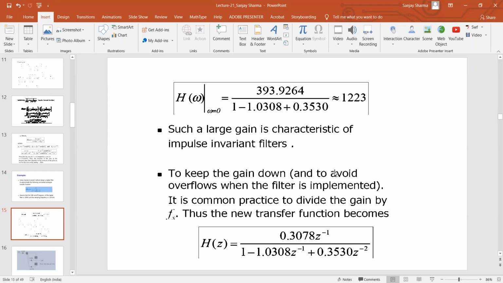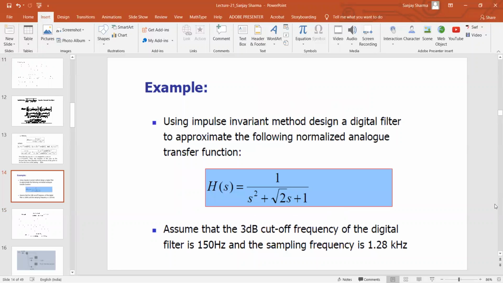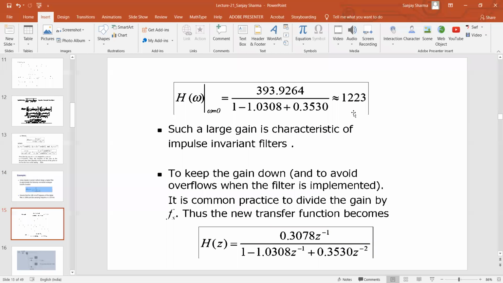To keep the gain down and to avoid overflows when the filter is implemented, it is common practice to divide the gain by Fs. Now we divide this gain, which is given to be 1223, by Fs, which is 1.28 kilohertz. Once we divide that, we get this transfer function.